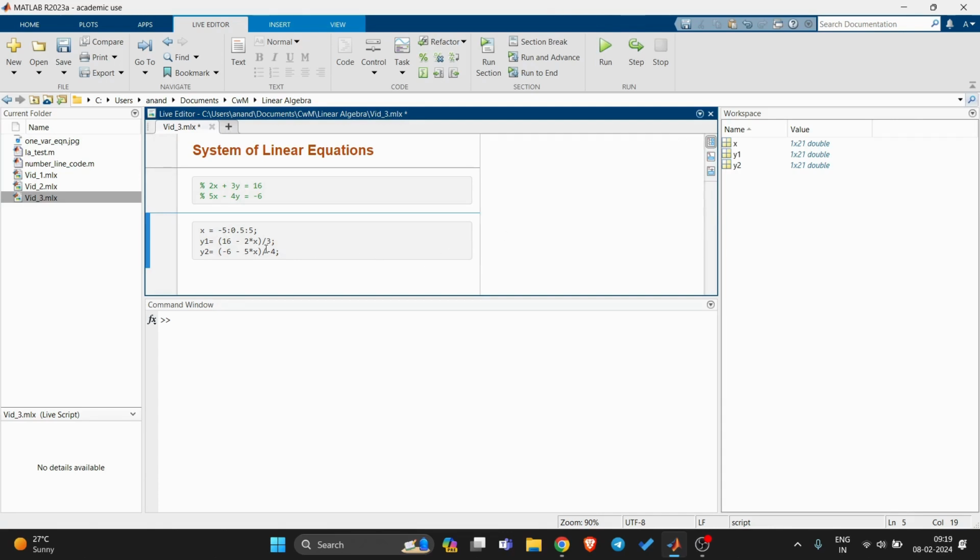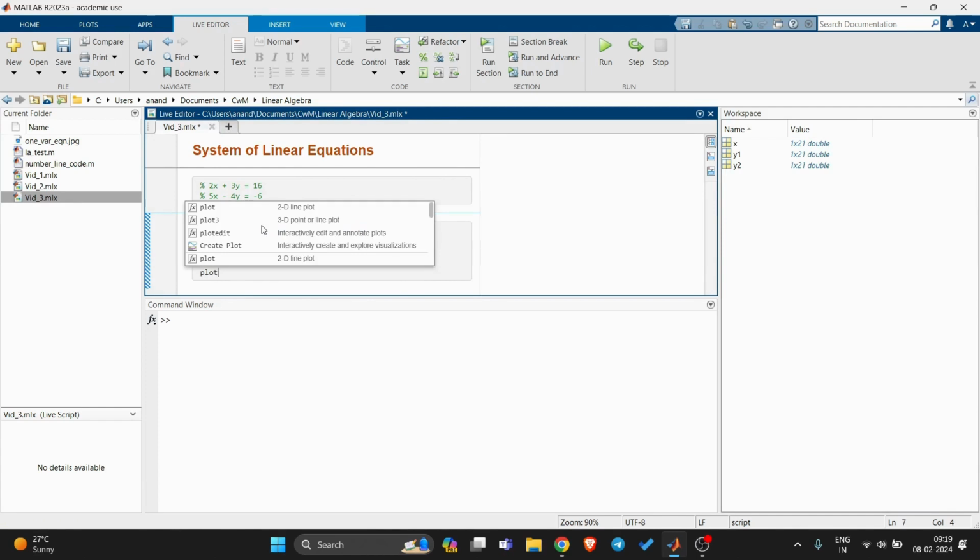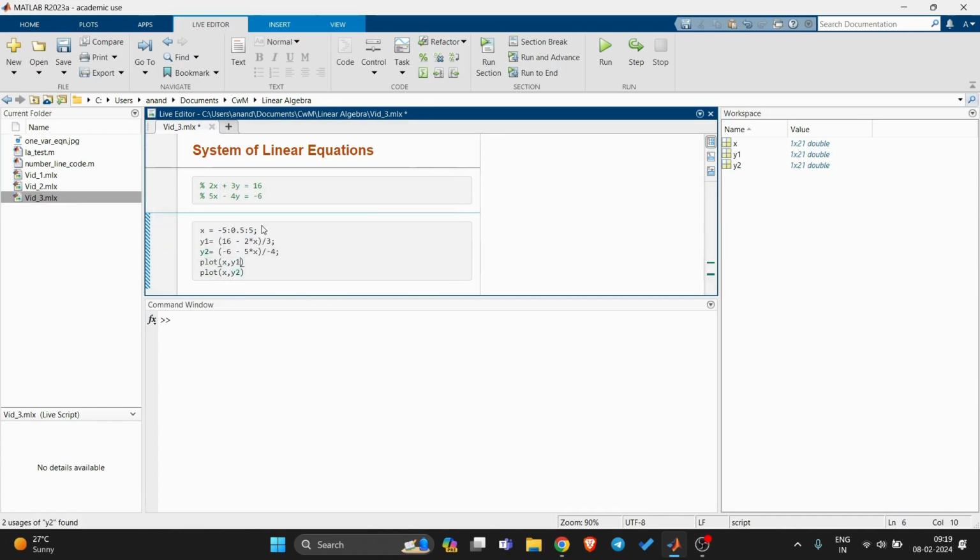And now let's plot the lines which correspond to these equations. For the first line, the command is plot x comma y1. For the second line, the command is plot x comma y2. There should be a hold on command in between.